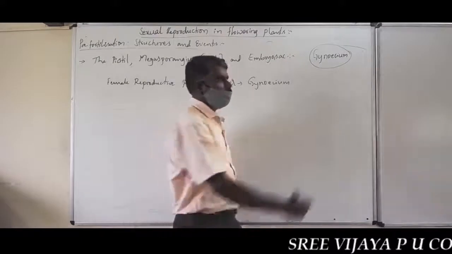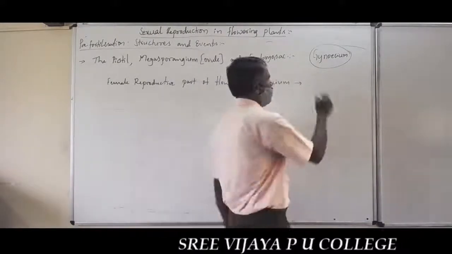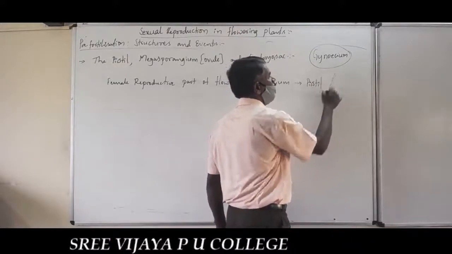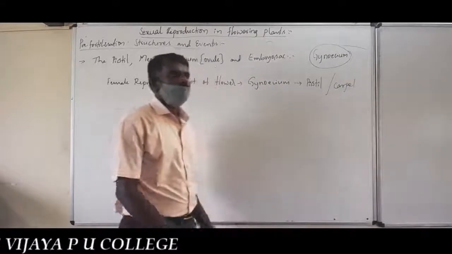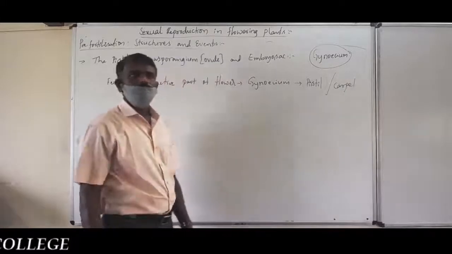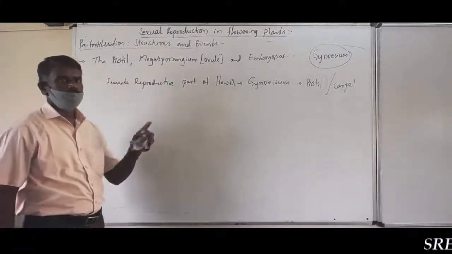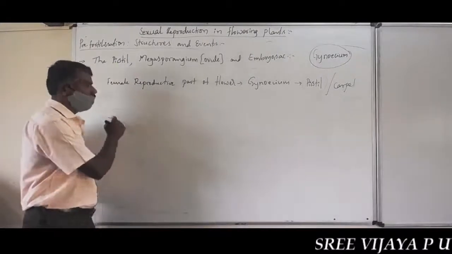The members of the gynoecium are called pistil, or it is also called carpel. Pistil is nothing but a part of the gynoecium.